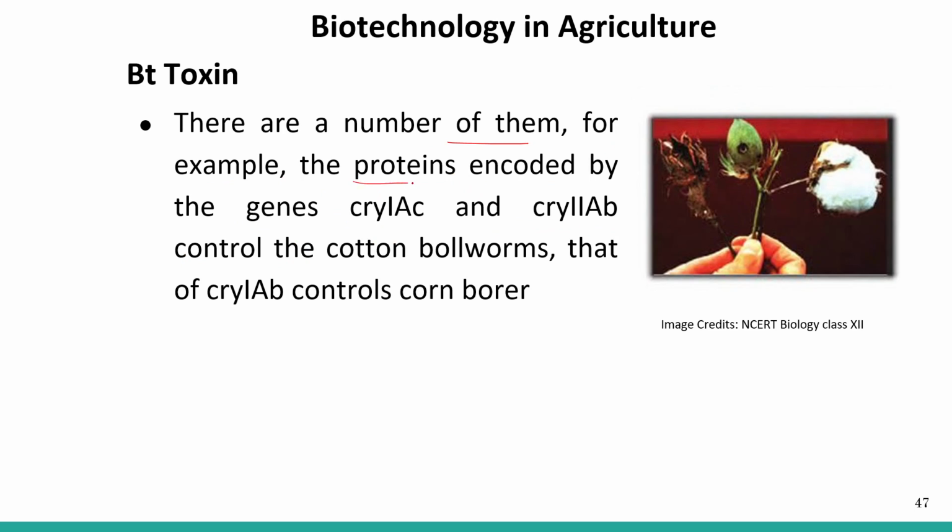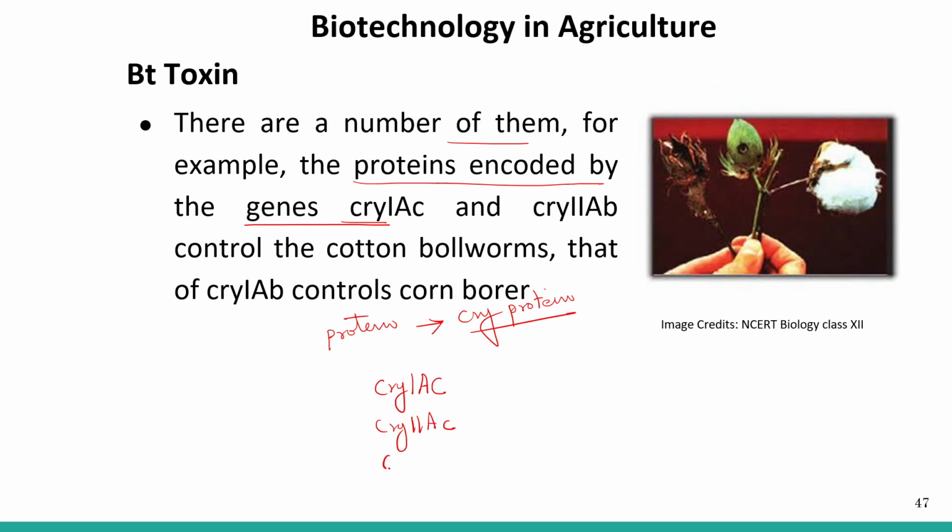For example, the protein encoded by the gene Cry. Now this is the protein that is synthesized, called Cry protein. This protein is of different types. The genes that encode this protein are Cry1Ac, Cry2Ab and Cry1Ab.